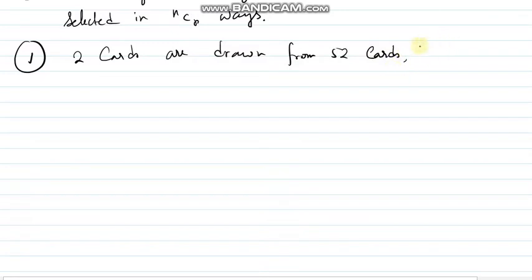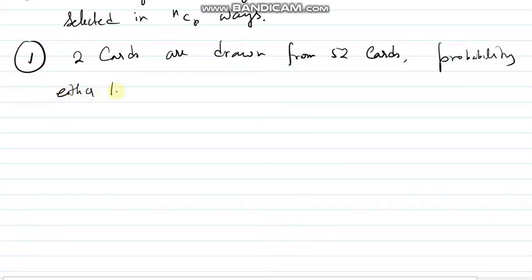The first sum that we are going to do right now: two cards are drawn from 52 cards. Those are playing cards. What is the probability that either both are red or both are kings?